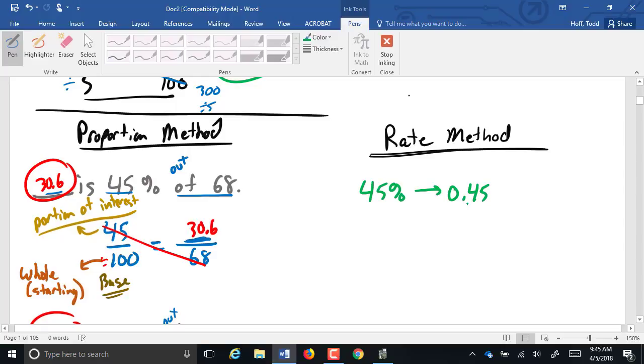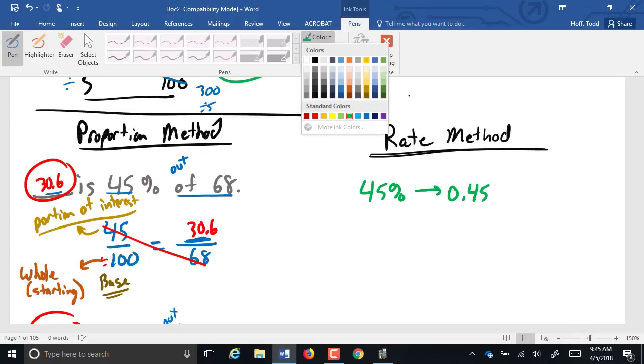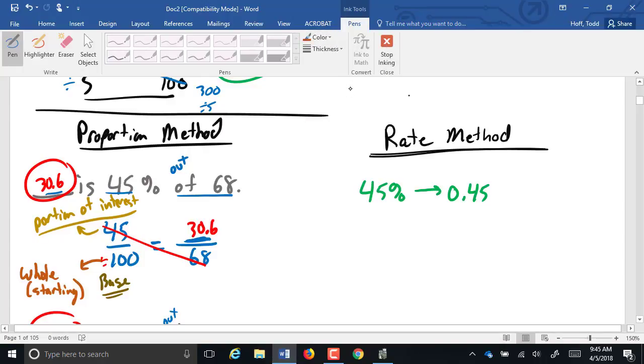Remember, it's dividing by 100, which means we just have to move that decimal point 2 spots. So for this problem here, that would have been calculated by taking our 68 times that rate of 0.45, which would be 30.6. That's the answer. Now that seems pretty simple.